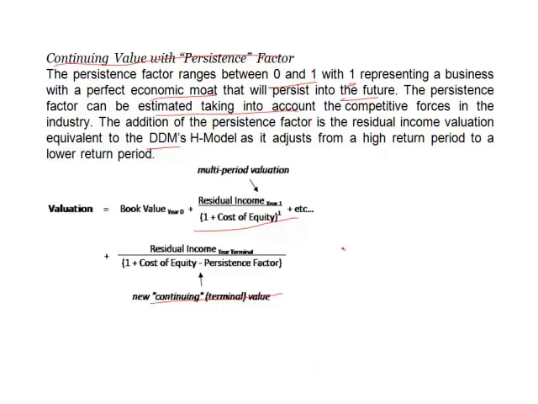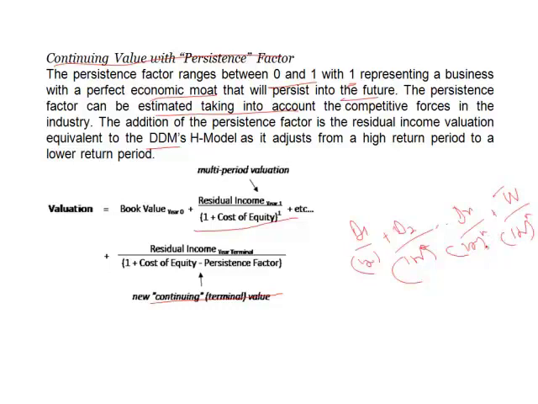Remember that under the dividend Gordon, or let me say under the absolute valuation, when you want to use the multi-period, what we usually do is that we say dividend for the first year over 1 plus r, plus the second year over 1 plus r raised to power 2, up to dividend for n all over 1 plus r raised to power n, plus terminal value all over 1 plus r raised to power n.